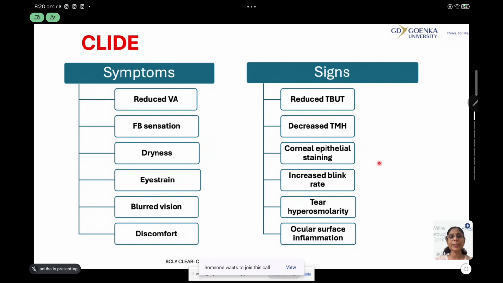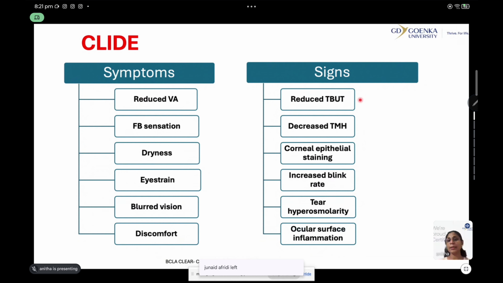More or less the signs and symptoms are typical of any other regular dry eye case that I see in my clinic. Nevertheless, when you look at a person who is wearing contact lenses, you go by a set of signs and symptoms which should direct you towards a possible case of CLDE. Even if they do not have it, it should trigger that thought process in you.